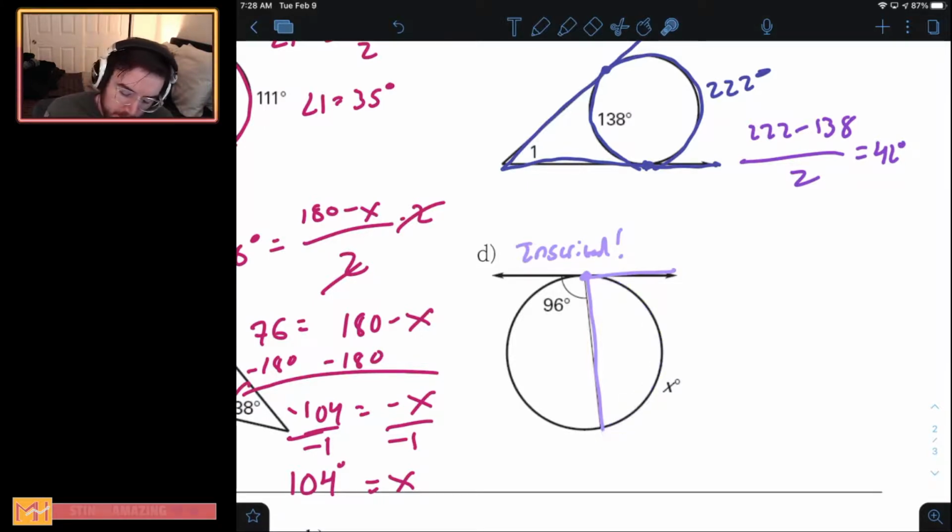Well, if I know this angle, I can double it to find this arc. And then if I know that arc, I know the other one has to add to 360. Okay? So double 96, and I get 192. And if that's 192, like I just said, it has to add to 360. So 360 minus 192 is 168.